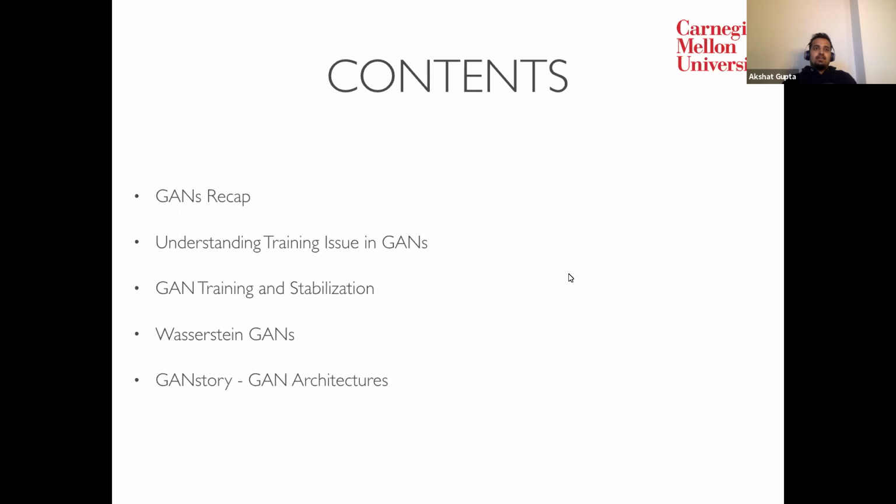Hopefully, I really want to cover WGANs, and if we get time, we'll look at the history of GANs and certain GAN architectures that are popular. One architecture I really want to cover is conditional GANs. It's very trivial, and it's apparently very useful, used in a lot of applications in GANs.